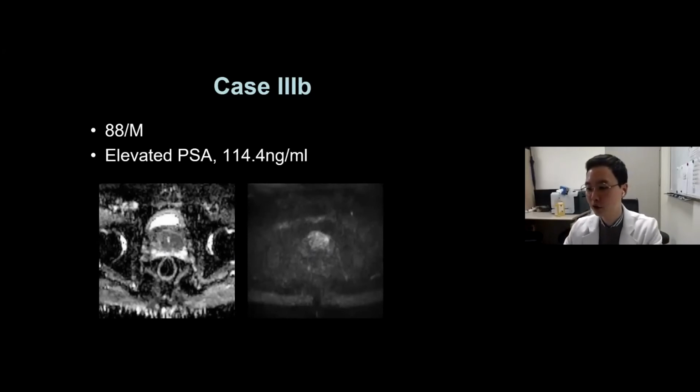And because the tumor focus is in the peripheral zone, PI-RADS uses the ADC or diffusion map as the standard sequence, and this lesion was classified as PI-RADS 5, which needs a biopsy.